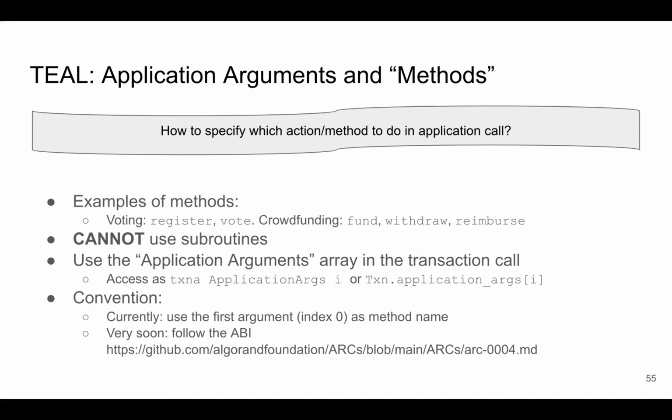And very soon, but it won't be for your class, you will need to follow the ABIs that give a bit more advanced rules that are better suited actually. But for you, just think the first argument is the method you want to call on your smart contract, the action you want to make.